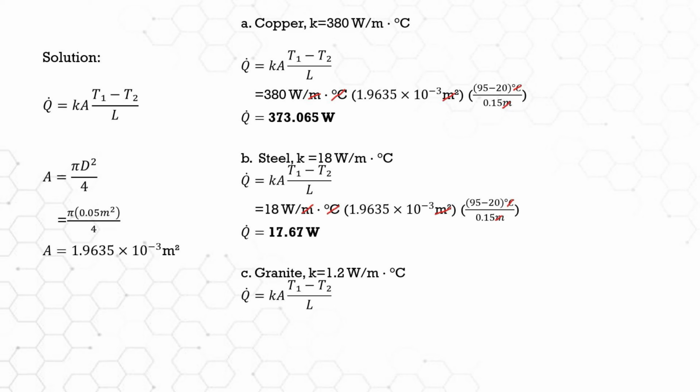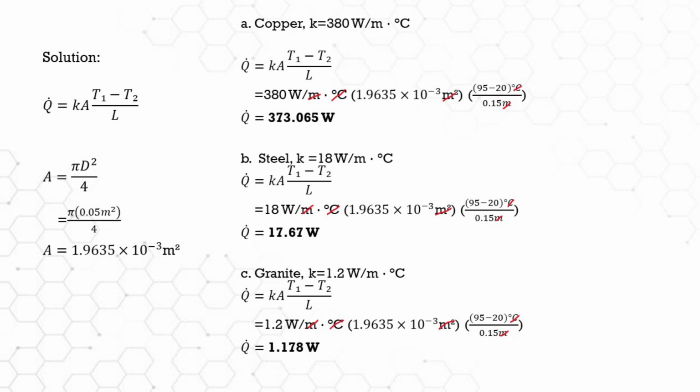So plug in the values, we have 1.2 watts per meter degree Celsius multiplied by 1.9635 times 10 raised to the power of negative 3 meters squared multiplied by 95 degrees Celsius minus 20 degrees Celsius over 0.15 meter. Then cross out the same units again. Then we will have 1.2 watts as our rate of heat transfer in granite.